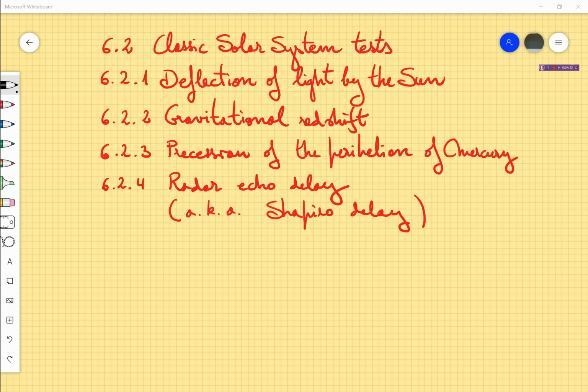So I will skip entirely this section, because otherwise there would not be enough time to explain everything. You are not going to miss any content, okay, because we are going to study the deflection of light by the sun and by any other planet, any other source of gravity, the precession of the perihelion of Mercury, and any other object, and the radar echo delay, but in a more general context and using a different formalism.